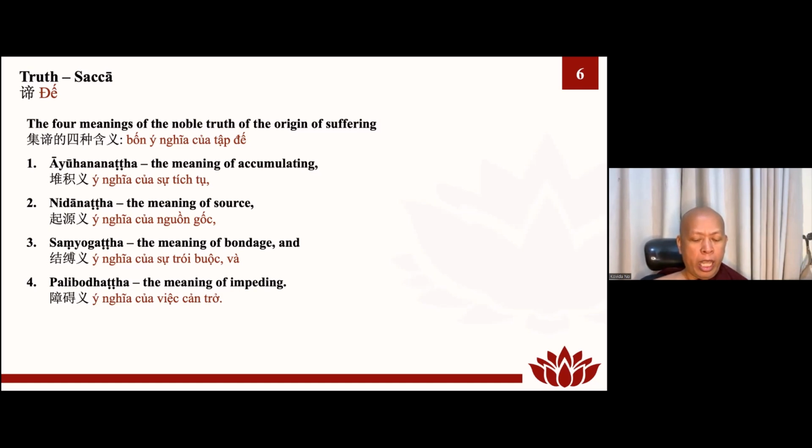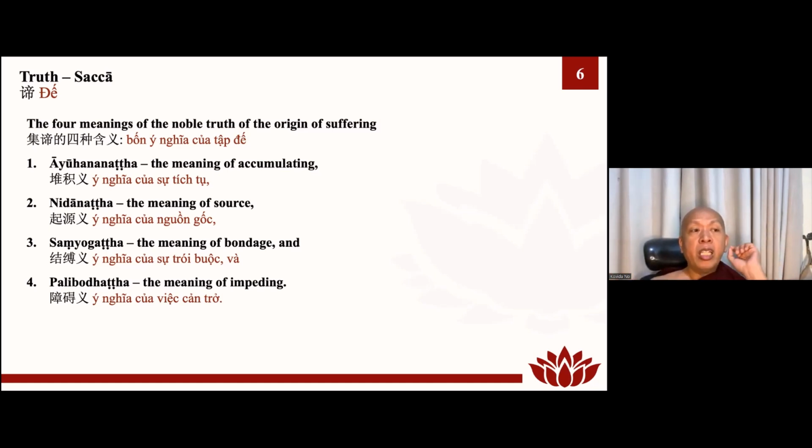And not only that, right? When we say palibodhata, you may remember in the Samatha chapter, we also have 10 types of impediment, right? Impediment, for example, residence becomes an obstacle. For example, now in rainy season, we have to repair or renovate our rooms. It becomes an impediment for meditation.